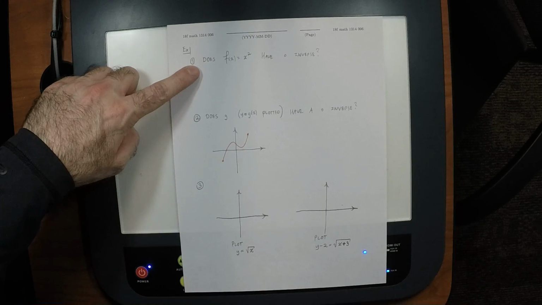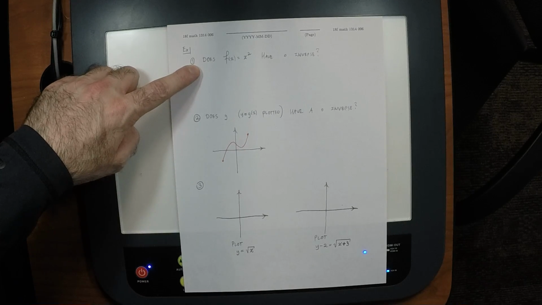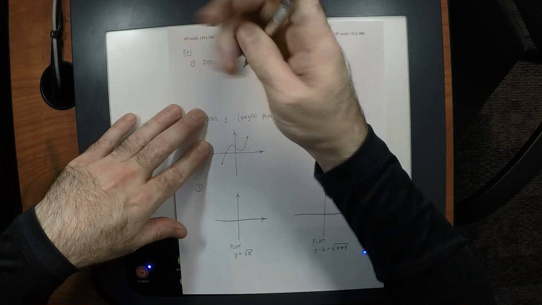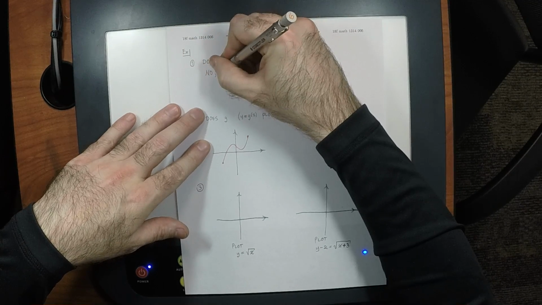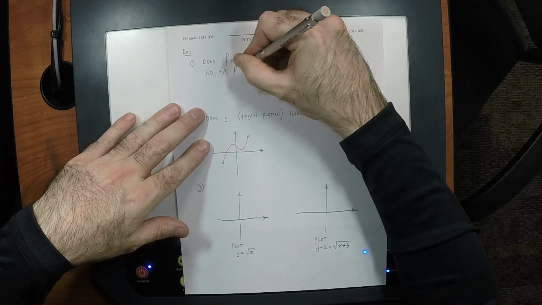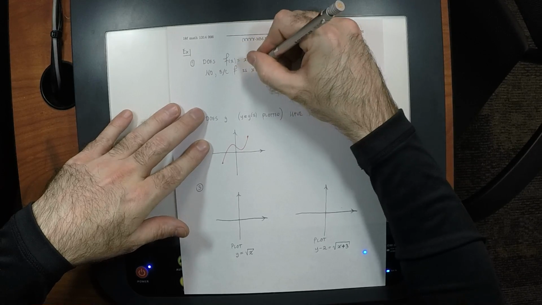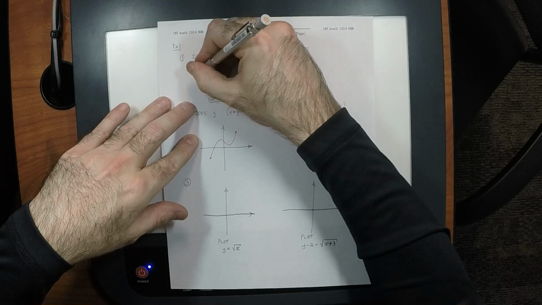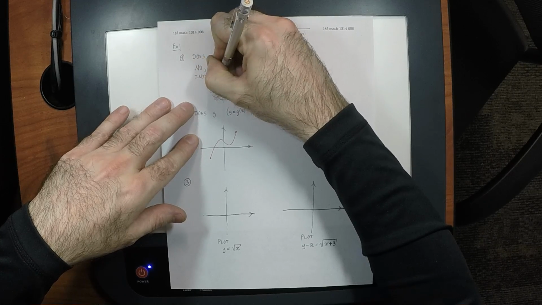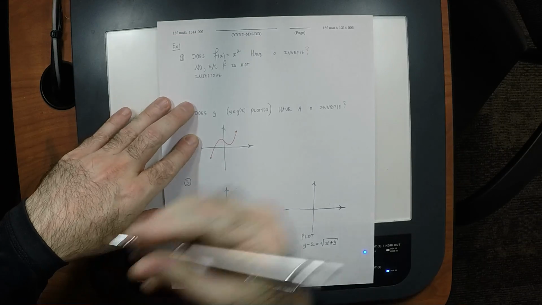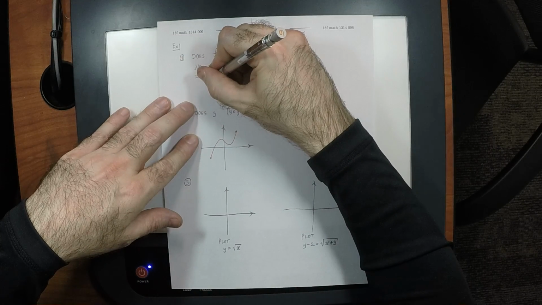So what's the answer? The answer is no, because f is not injective. Now we have to justify that, so we can just write down exactly what we said before.